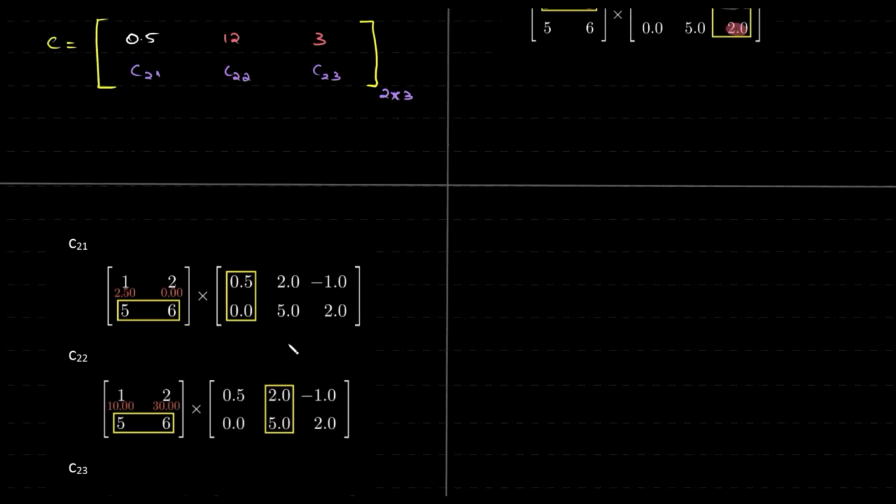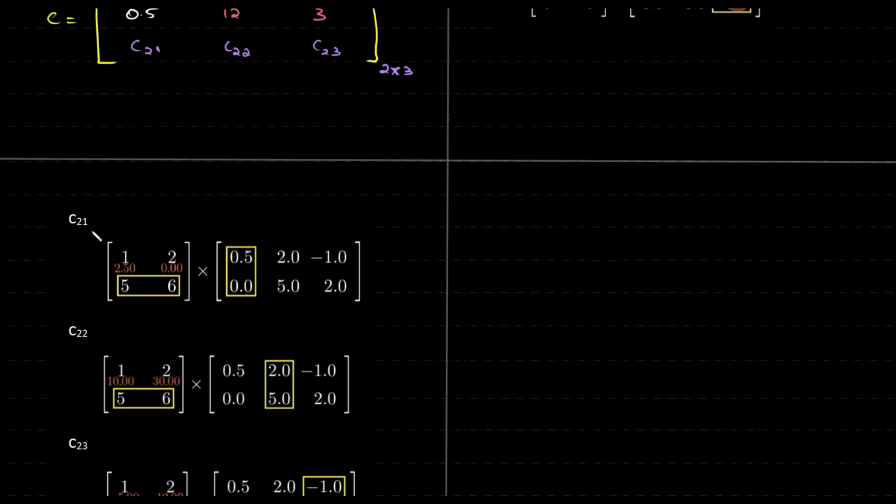Next, we have C21, that is second row, first column. 5 into 0.5 is 2.5, 6 into 0 is 0. So the answer is 2.5. Then C22 means second row, second column. 5, 6 getting multiplied with 2, 5.